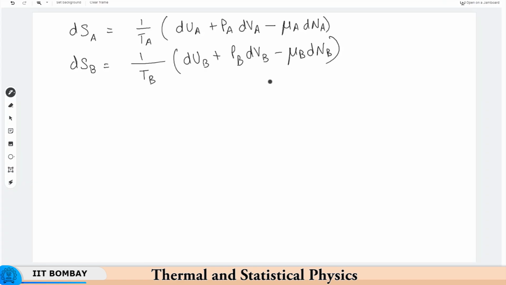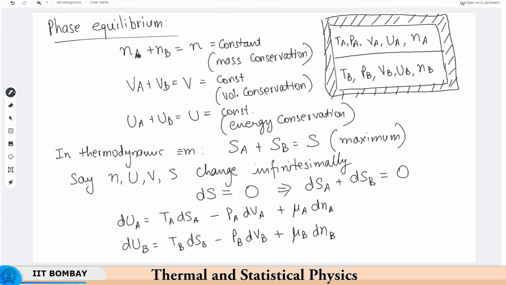Now remember, the total number of particles remains conserved. The total volume does not change and the total internal energy also does not change. So, therefore, I can take the derivative of these equations.